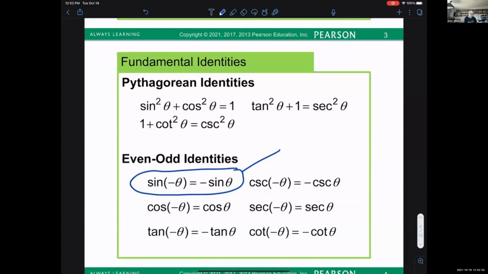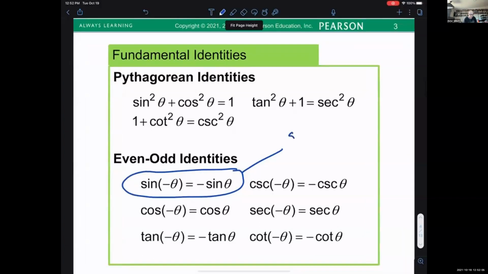So something like sine of minus theta can be replaced by minus sine theta, or vice versa.